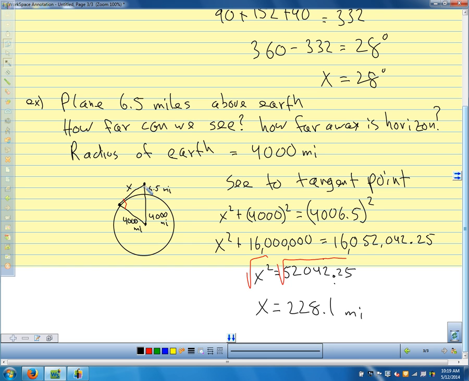So I can see about 228.1 miles to the horizon along that side of the triangle. Questions there?